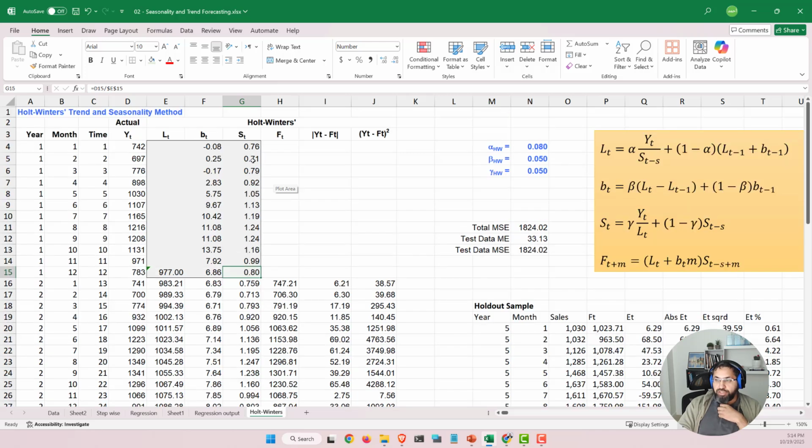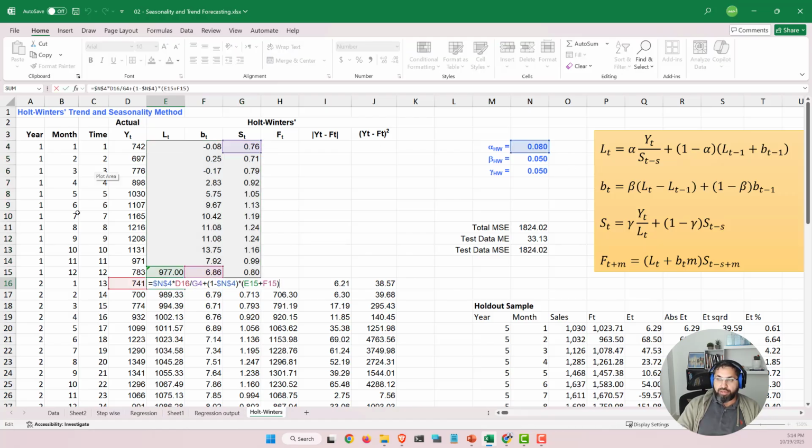And then to initialize my seasonal factors, I simply take the sales divided by the average monthly sales for year 1. So that gives me the seasonal factor for the first month. For the second month, again, actual sales divided by the average monthly sales for year 1. So once you initialize that, then you can plug in these equations, and I've already done it for you, so you can reuse this Excel sheet or modify it however you want.